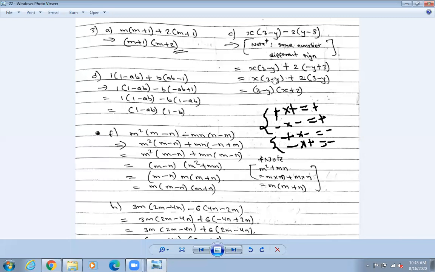Now to make it same, here is y minus 3, there is different sign over here. Okay, like same one, we need to change the sign. We do not need plus y, we need minus y. We don't need minus 3, we need plus 3. Okay, because there is plus 3 minus y, so we need to change the sign.